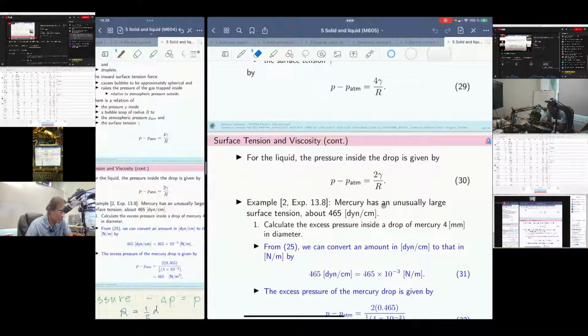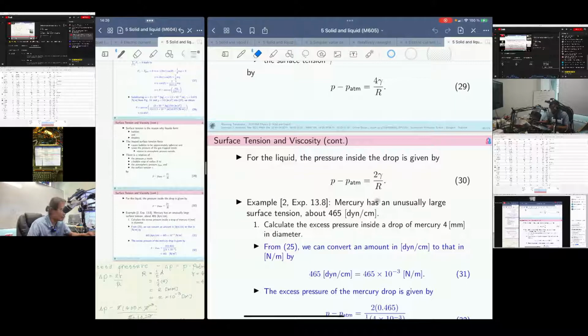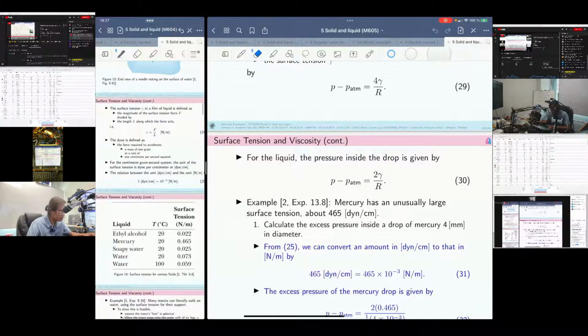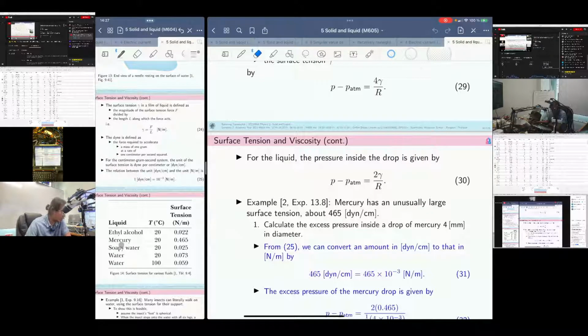Mercury has an unusually large surface tension. If you take a look at the table of surface tension as we have seen last time, mercury is over there at room temperature, 20 degrees Celsius.